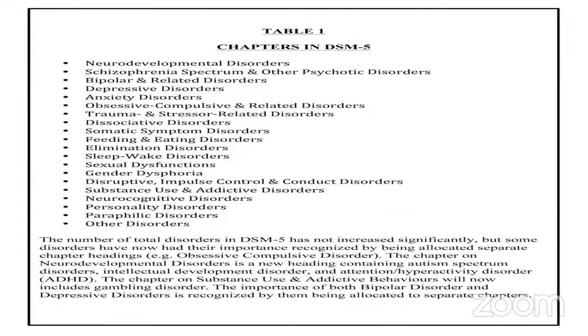The chapter on neurodevelopmental disorders is the first, a new heading which contains autism spectrum disorders, intellectual developmental disorder, and hyperactivity disorder. And in the chapter on substance use and addictive disorders, they've now included gambling also.